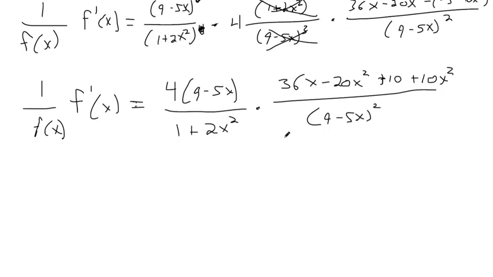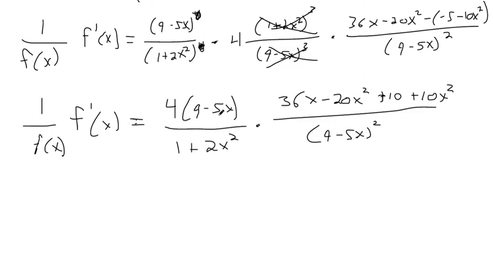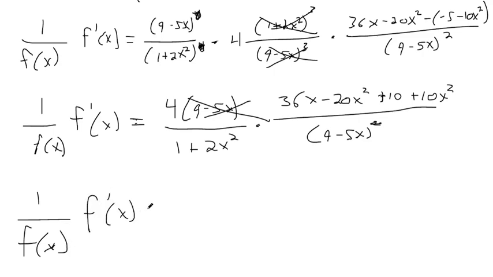Oh, what else can we do? Oh, so we got a 9 minus 5x in the numerator. We got two 9 minus 5x's in the denominator, so let's cancel that out. And then we can also combine like terms over there. So my hand is killing me, but I'll copy this down because I don't want to lose anything. What a crazy problem.